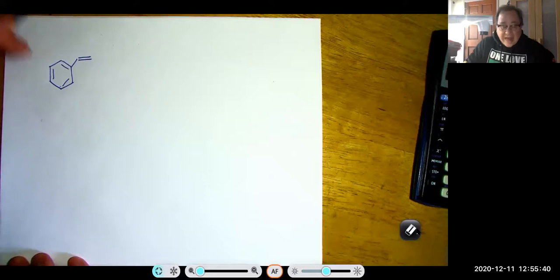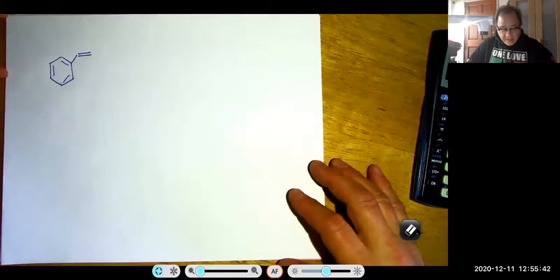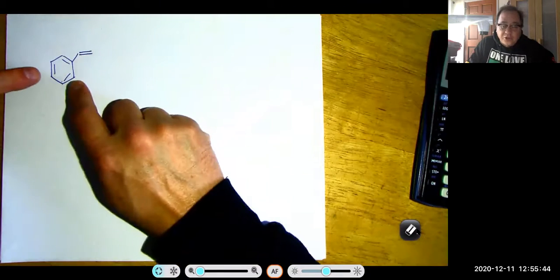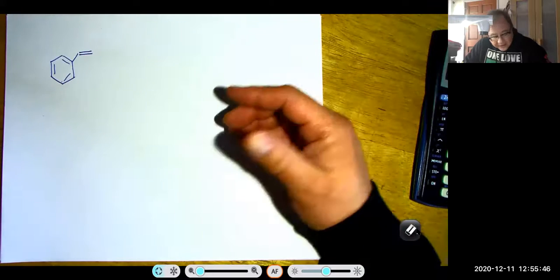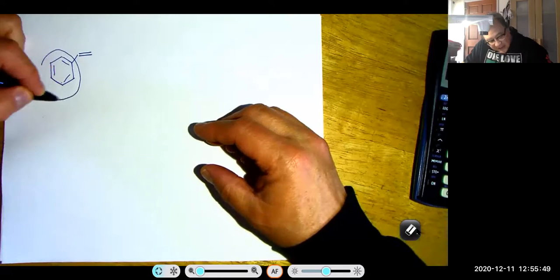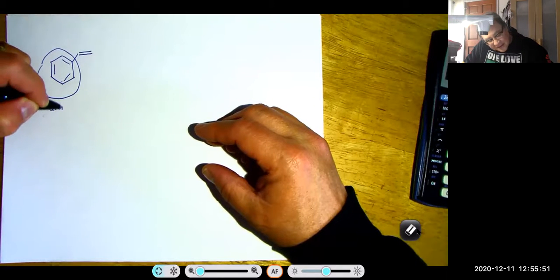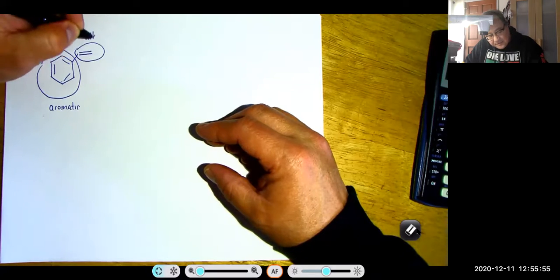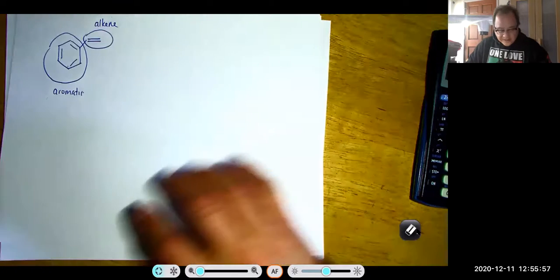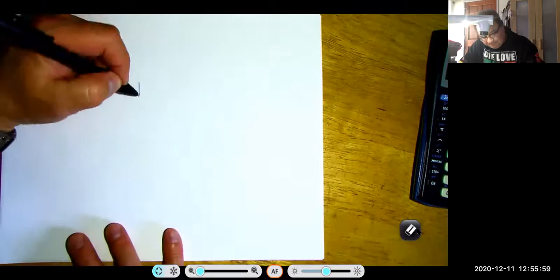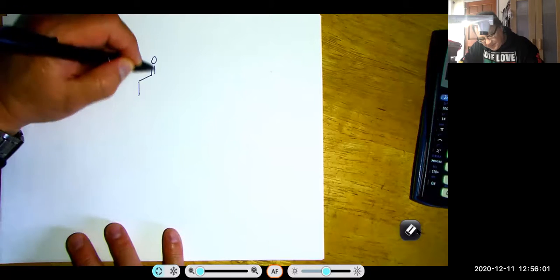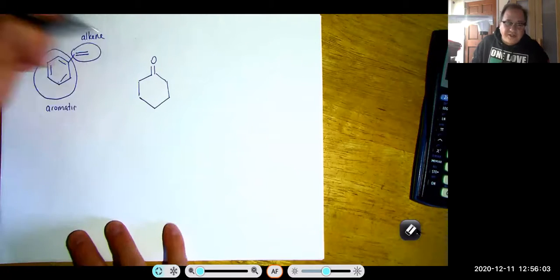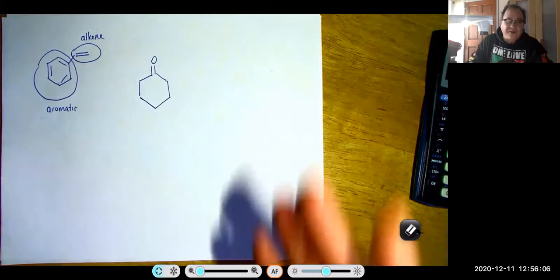So on the exam, not the quiz, on the exam, I'm going to give you a structure. You're going to have to redraw it and do things like this, aromatic, and this, alkene. On your quiz, I give you things like this. And then it's a multiple choice. So what's the functional group here?